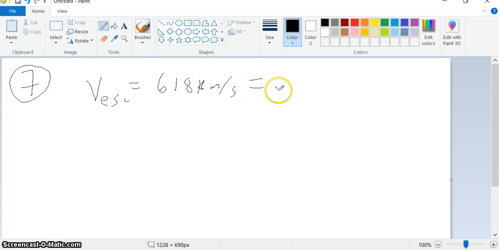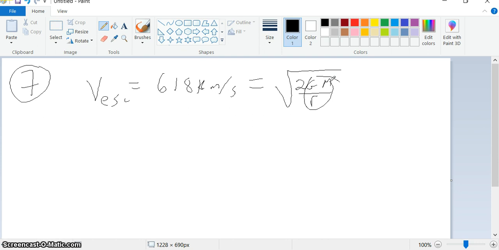It's the square root of 2 times big G, the universal gravitational constant, times the mass of the sun divided by the radius of the sun. You look up all these quantities, G, M, and the radius of the sun, and you get this value.